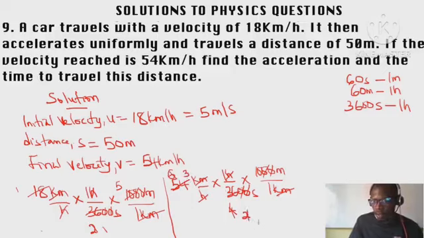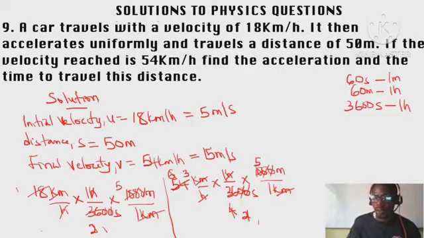And 2 goes in 10 is 5. So 3 times 5 is 15. So this one will give us 15 meters per second. So we've converted the initial velocity from 18 km per hour to 5 meters per second, and the final velocity from 54 km per hour to 15 meters per second.